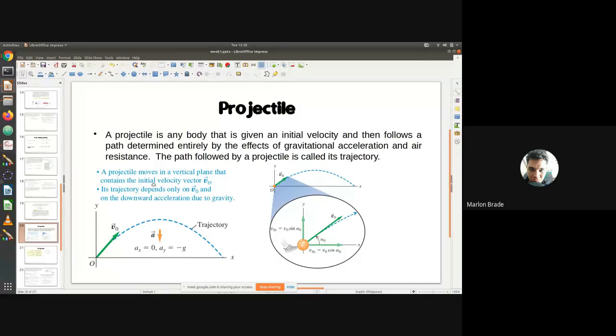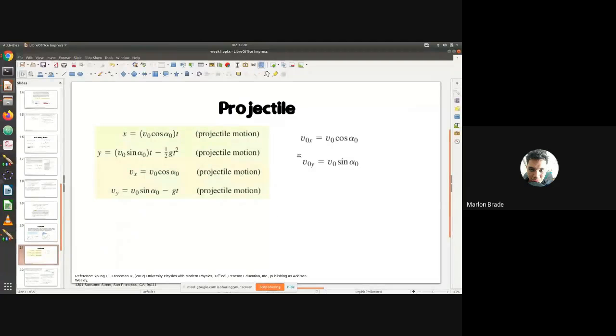In the case of a projectile, the object is moving along the x and y axes. By the way, these equations are the equations for projectile motion.